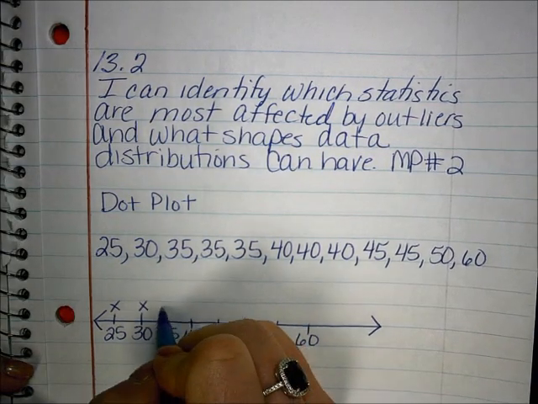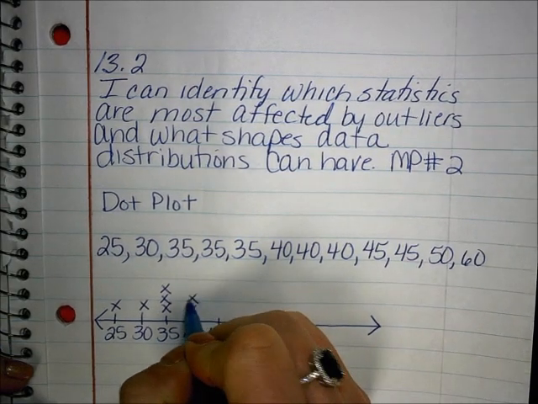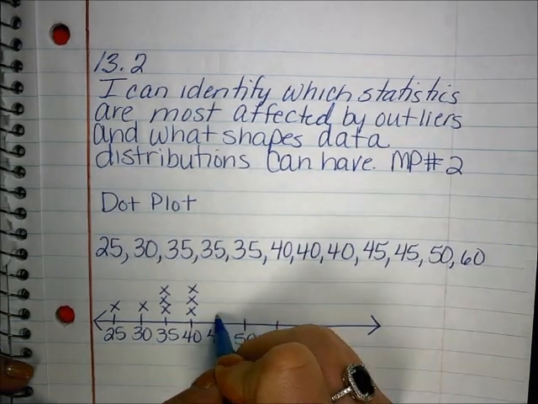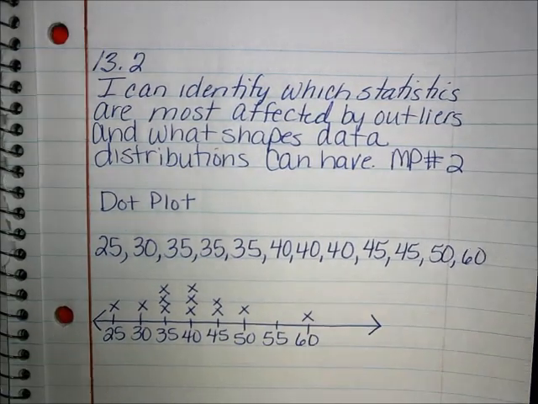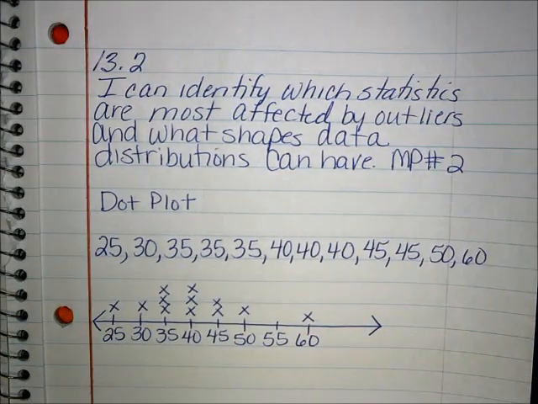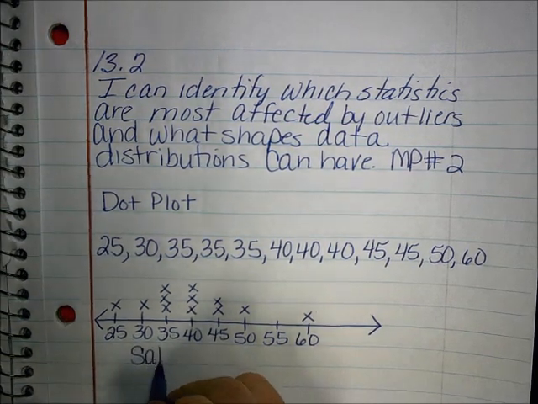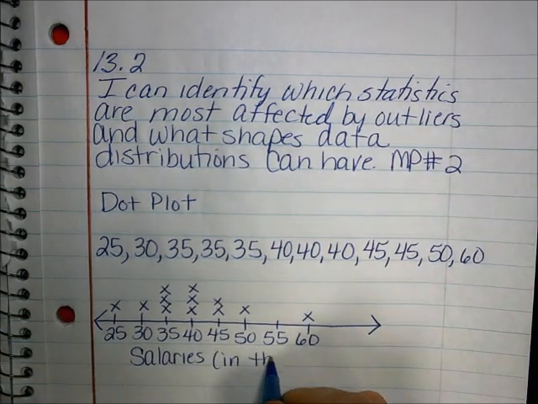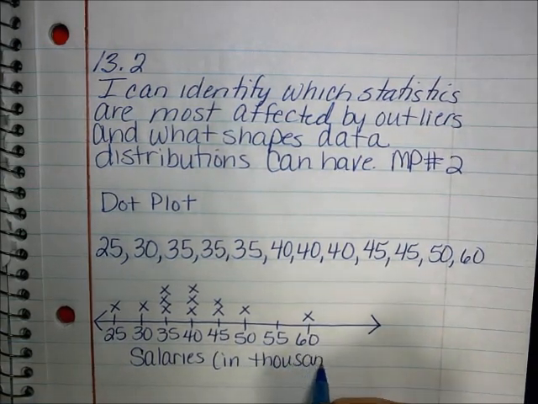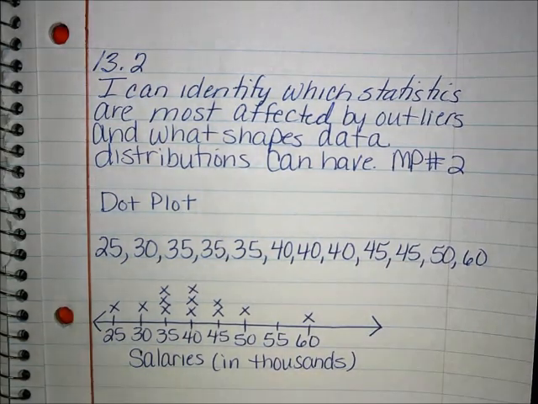Now 35,000 has 3, 40,000 has 3, 45 has 2, 50 has 1, and 60 has 1. Okay? And that would be the dot plot. Now you do want to label this as well. I'm going to call this salaries, and then I'm going to write in thousands so that the reader of the display knows exactly what I'm talking about and how it's measured.